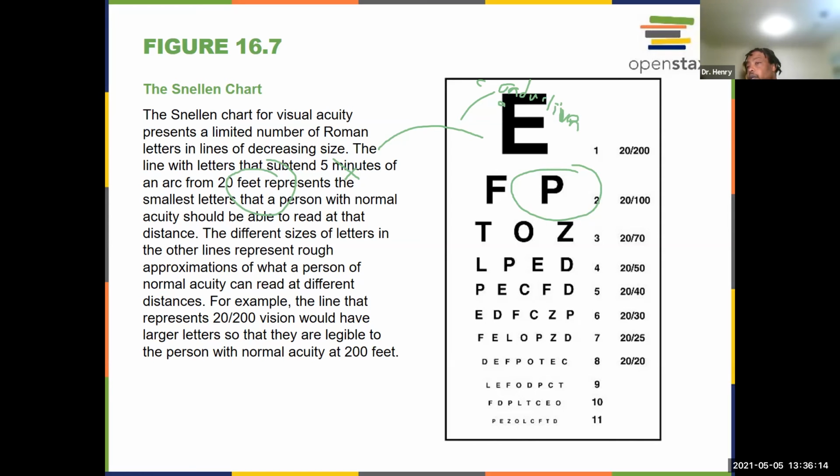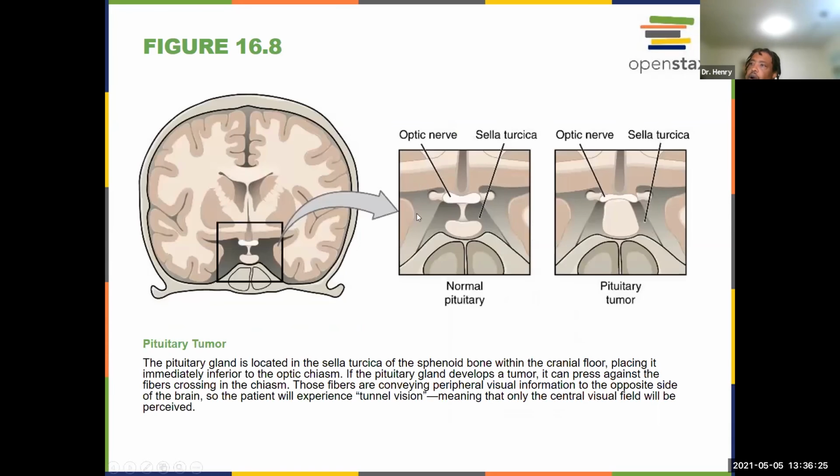Okay. So there were some studies done, and they found that in a certain case, you can have a tumor in the pituitary gland, in the sella turcica region.